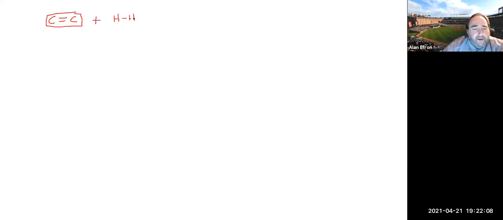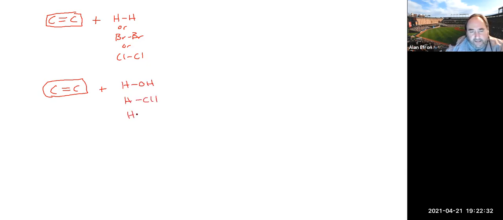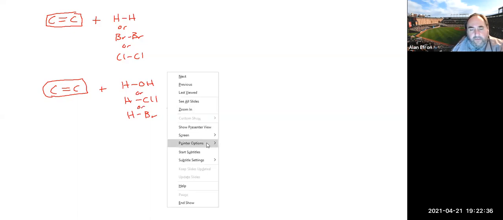Again, as we talked about, it could be a symmetrical addition, like any of these. Symmetrical just means we're adding two of the same. Or you have this double bond, no matter how many carbons are on either side of it, and unsymmetrical additions, which would be something like water, HCl, HBr. They all pretty much always do the same thing.